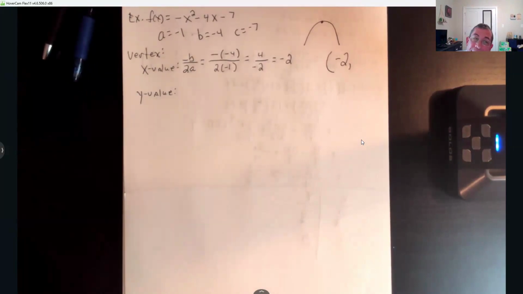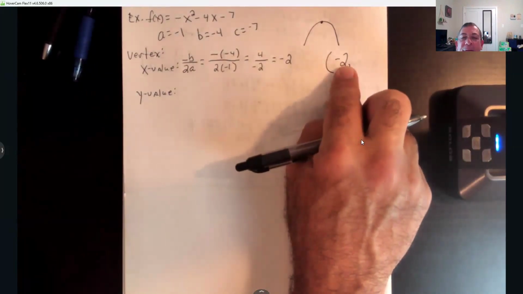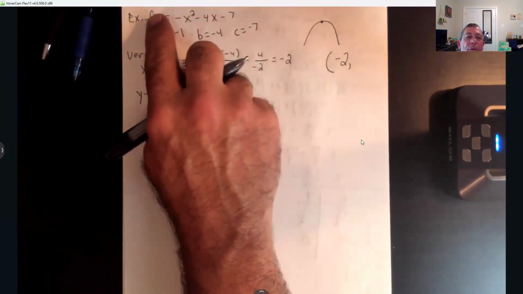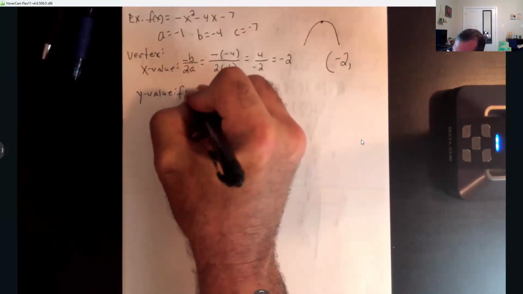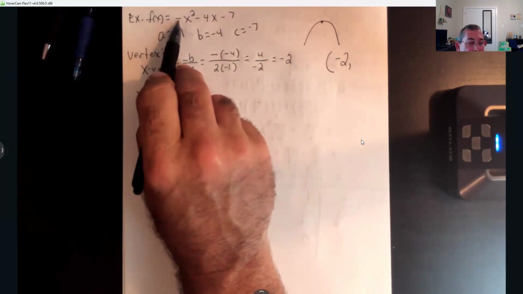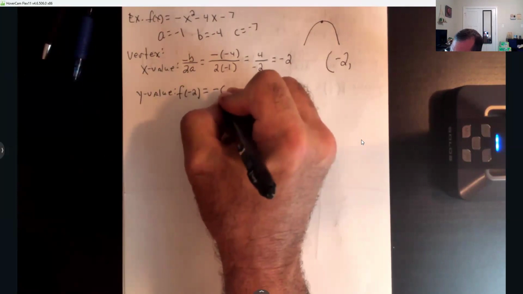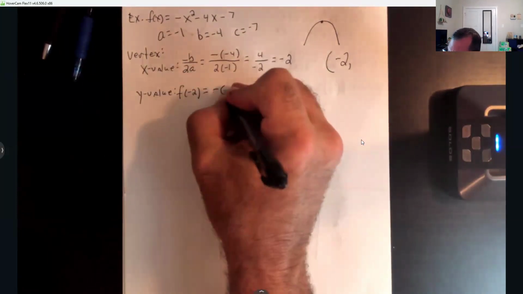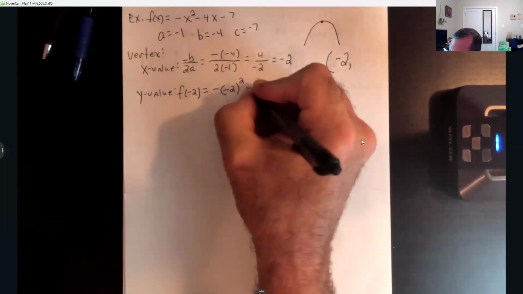Now, here's where I get people on this problem. Because when these x's are negative, you got to be careful of these functions. So we're finding f of that negative 2. But y'all look here. Bring that negative down no matter what. For my x, I'm putting in the negative 2. I'm squaring that.